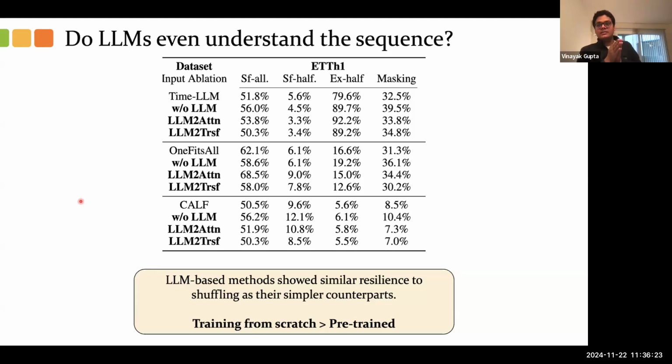In this task, we try different settings to evaluate whether an LLM is able to predict that this is wrong or that is right, that this time series has noise or not. And we found that this robustness is exactly the same across all models. They don't give you any additional benefit of robustness. Even the larger models don't have any additional benefits.